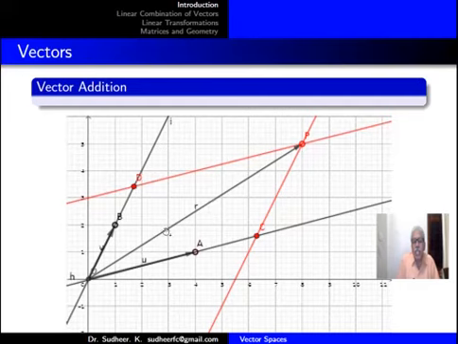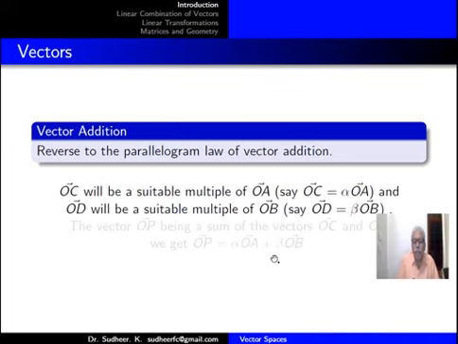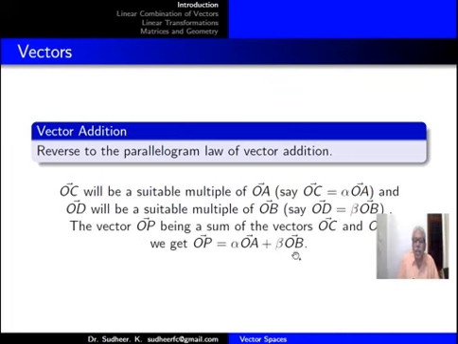So we can say the vector OP is the sum of a suitable multiple of OA and a suitable multiple of the vector OB. If the corresponding multiples are taken as alpha OA and beta OB, then we can say that OP equal to alpha OA plus beta OB.